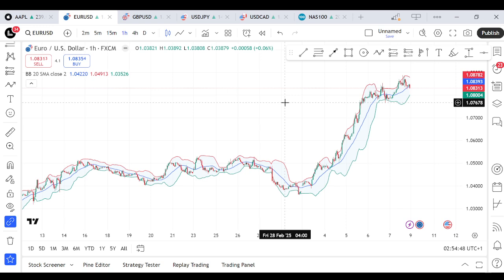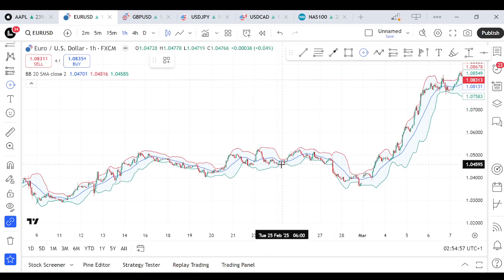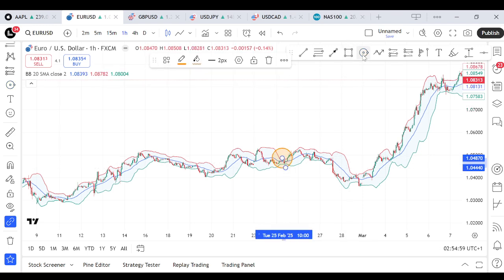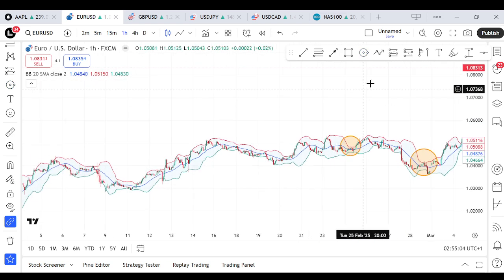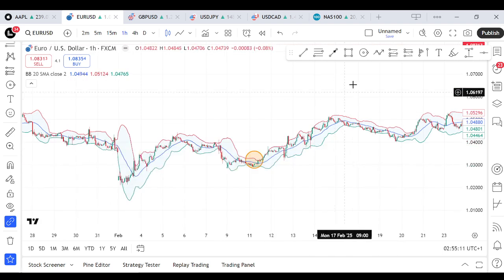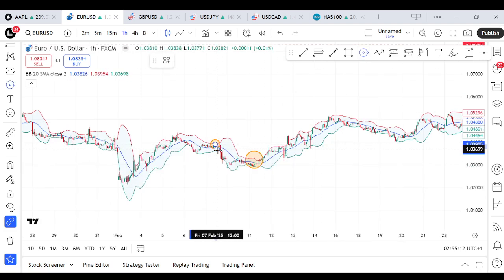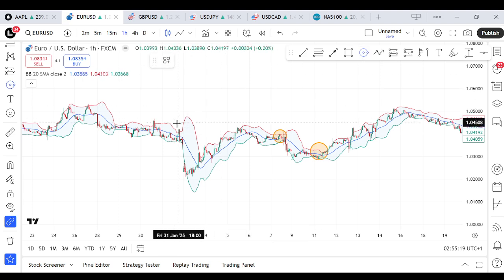Conversely, when price tightens into a squeeze, it suggests reduced volatility and the potential for a breakout. So if you look at the squeeze, we have a squeeze here, another squeeze here, we have a squeeze here also, so this indicates reduced volatility and the potential for a breakout in either direction.